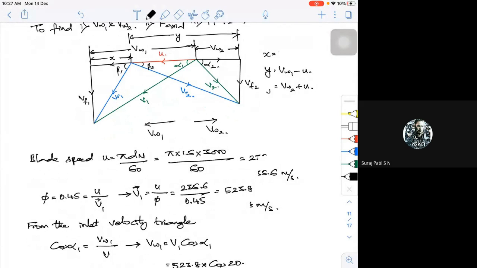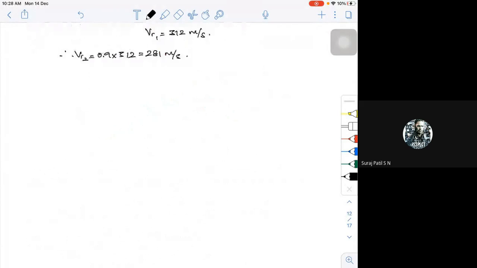Okay, so let me write that. From the exit velocity triangle, I can write cos beta 2 is equal to y divided by VR2, or I need to get the y actually.